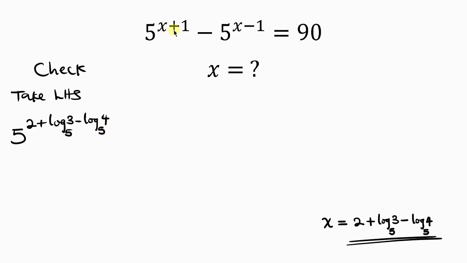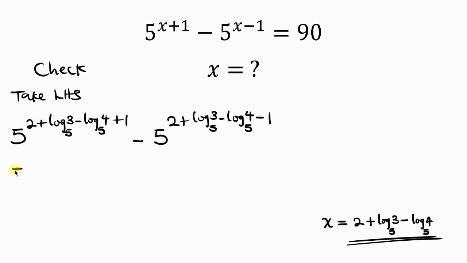That's x plus 1, so plus 1 minus 5 to the x. X is 2 plus log 3 base 5 minus log 4 base 5, and then minus 1. Very good. Now we can just add this together. 2 plus 1, which is 3.